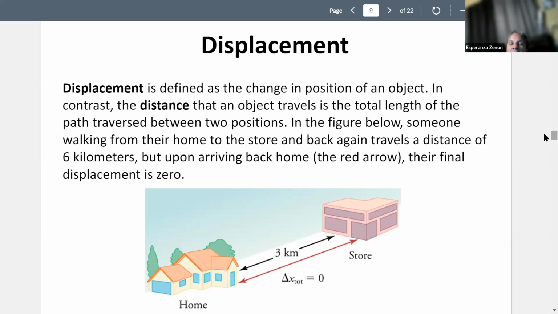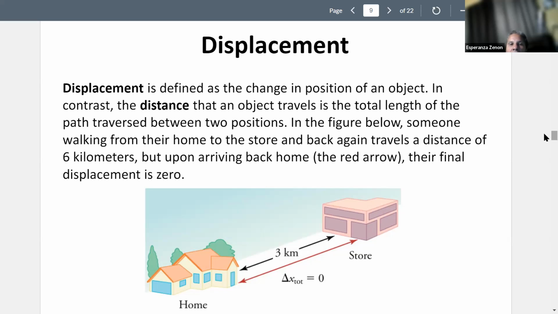Okay. Now there's a counterpart that goes with displacement that is defined differently, and that's called distance. Displacement and distance kind of go hand in hand in some instances. This distance simply tells how far the object moved.